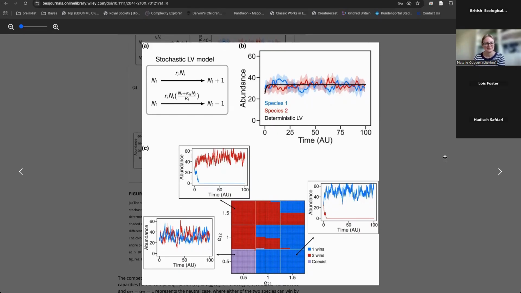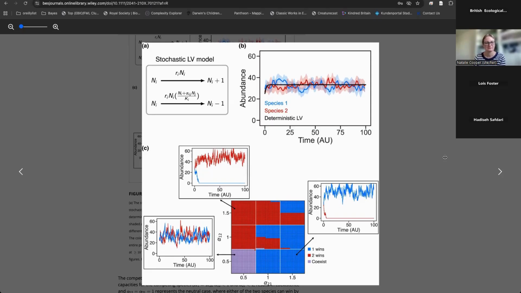And then, as you can see, whenever you have alpha 1 or 1.5 for a species, the species with the higher alpha wins in all the competitions. Right in the middle of the square, both have alpha equals 1.